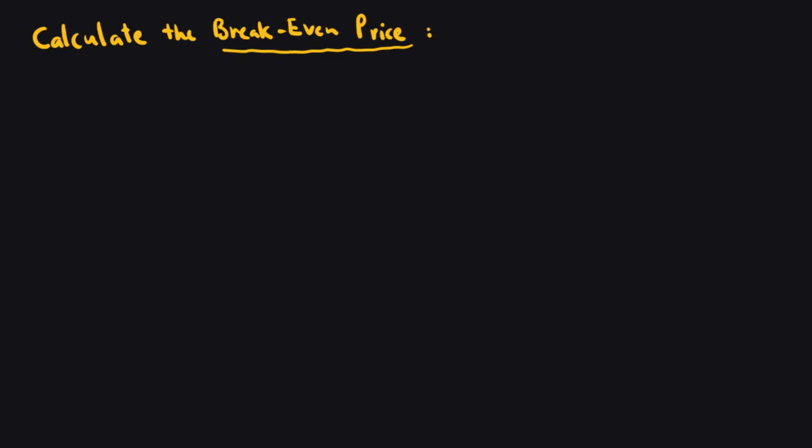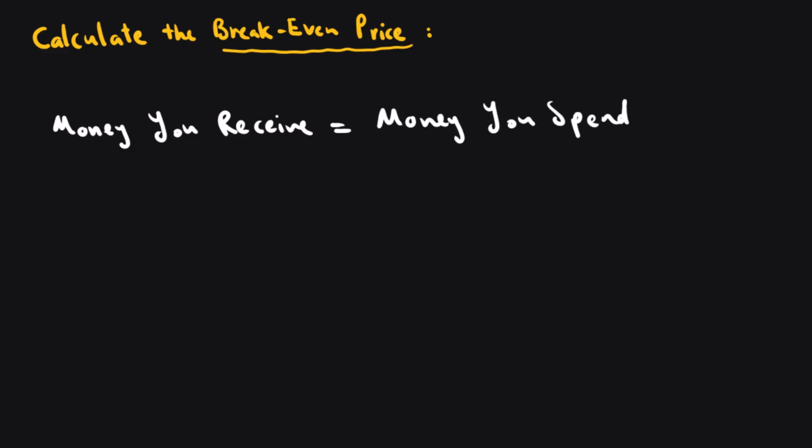And now let's calculate the break-even price. What is the meaning of break-even price? It means a price where if I sell my asset at that price, the money you receive would be equal to the money you spent. So this is going to be a break-even point where the money you receive is exactly equal to the money you spent and you don't lose anything.